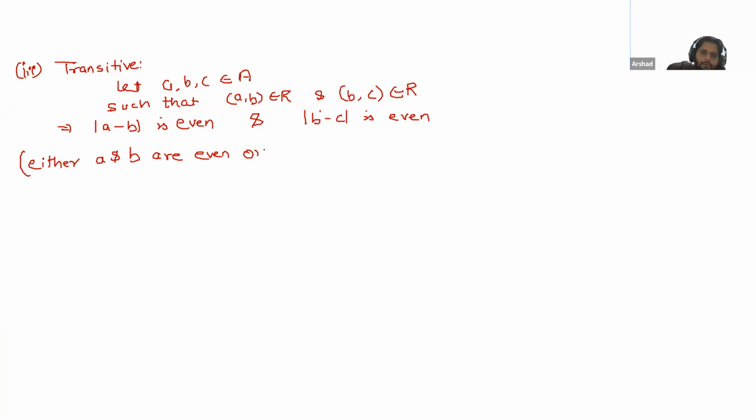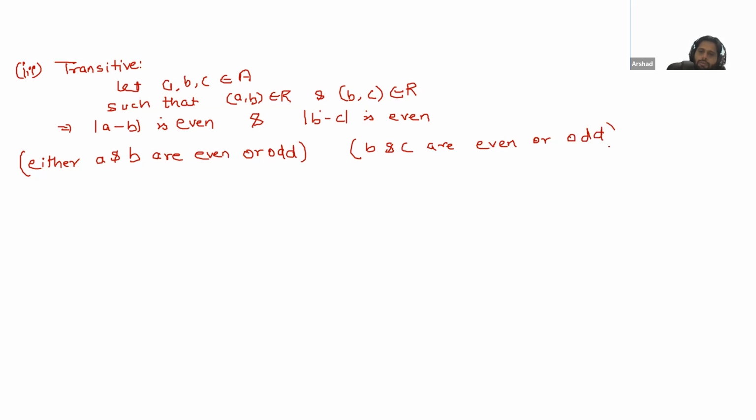So we can say either A and B are even or odd. Similarly, here we can say B and C are even or odd.